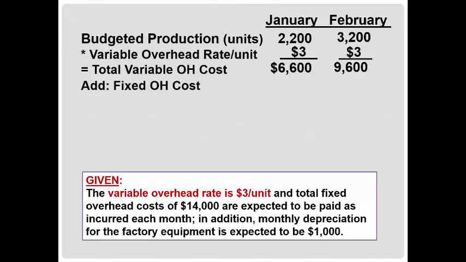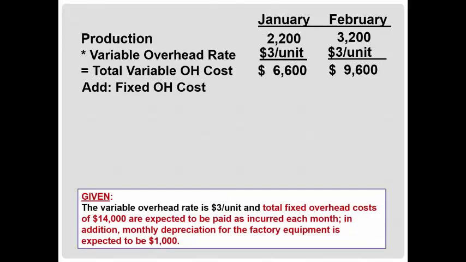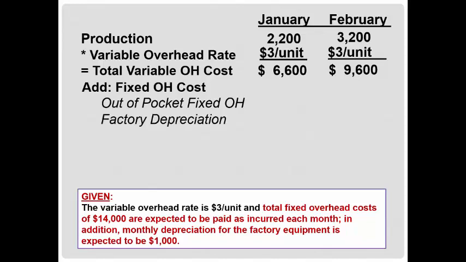Now we'll turn our focus to fixed overhead. Let's remind ourselves of what was given in the problem. Total fixed overhead cost of $14,000 are expected to be paid as incurred each month. In addition, monthly depreciation for the factory equipment is expected to be $1,000. So to get the total overhead expected, we will add the out-of-pocket fixed overhead and the factory depreciation.